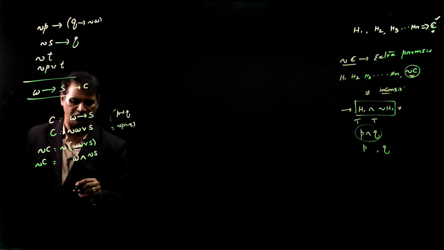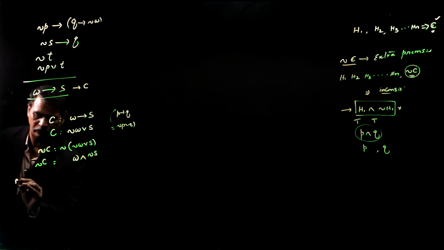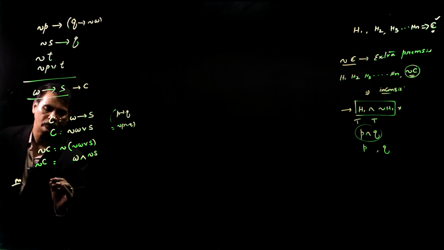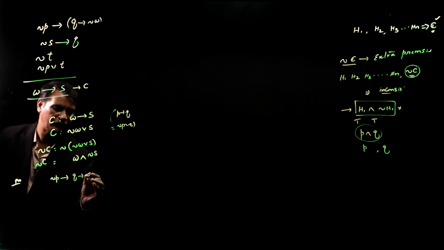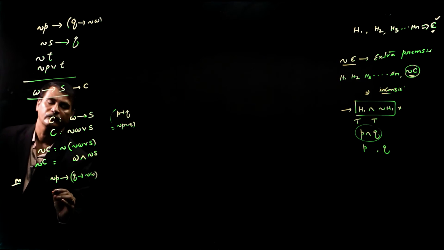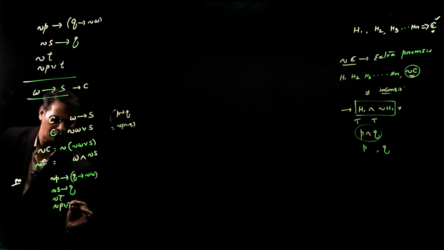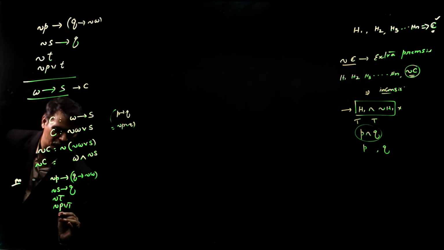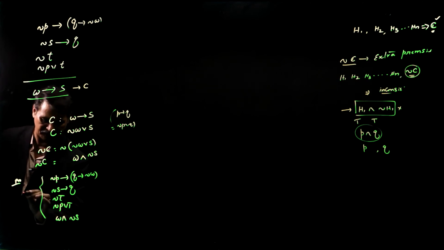Now, what is the next step? I have to take this as an extra premise. So I define the problem like this. What we get: negation P implies Q implies negation W, negation S implies Q, negation of P or T, and now you add as an extra premise W and negation S. So these are all our premises.